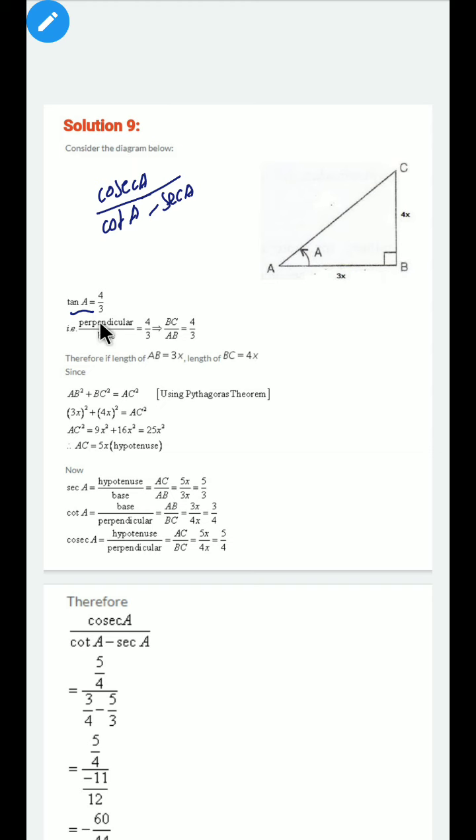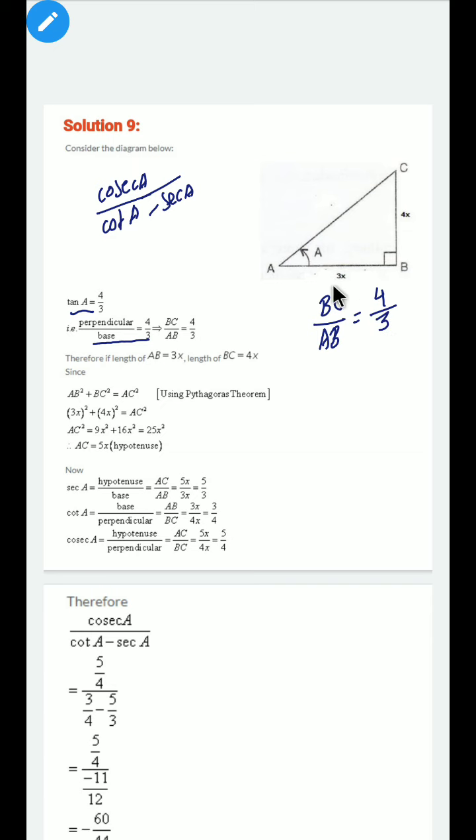And we know that tan A is equal to perpendicular by base. So this is given as 4 by 3. BC is the perpendicular and AB is the base. So the ratio is given as 4 by 3.